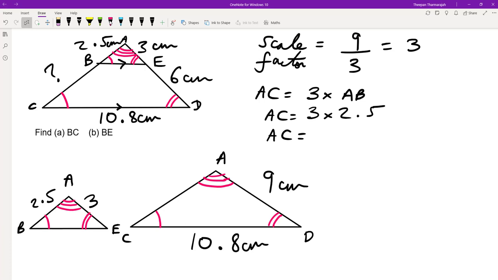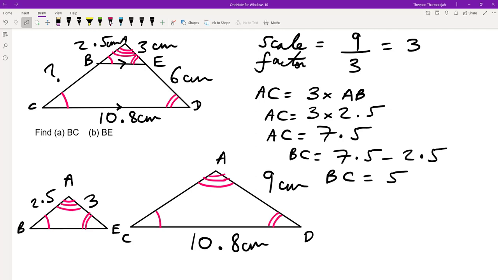So that's 7.5. But because I want to work out BC, we do 7.5, which is AC, minus AB, which is 2.5, and BC is 5 centimeters.